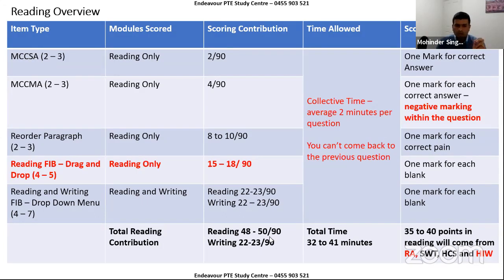You have approximately 35 to 40 points coming from other modules towards your reading. A major chunk comes from read aloud in your speaking module, bits and pieces come from summarize written text and highlight correct summary, and another major chunk comes from highlight incorrect words in the listening module. Okay, are we all aware of this?